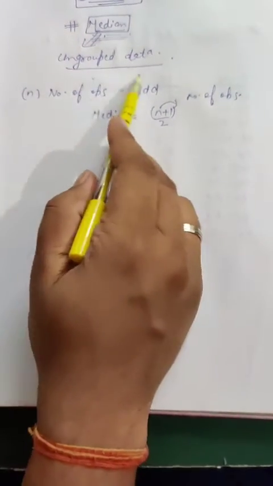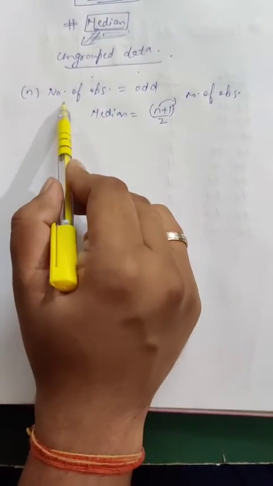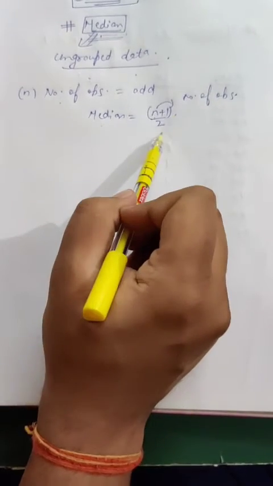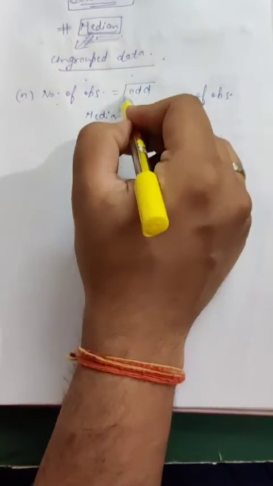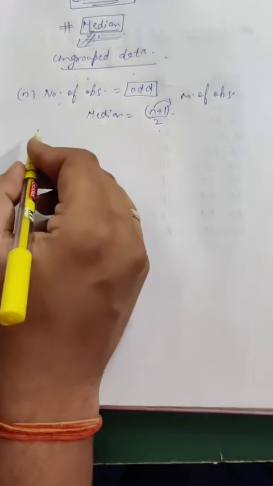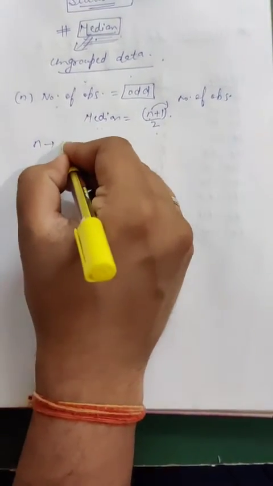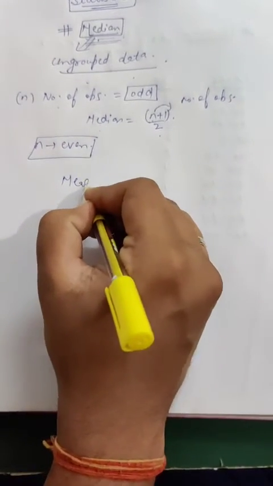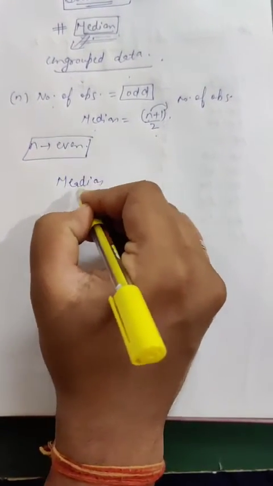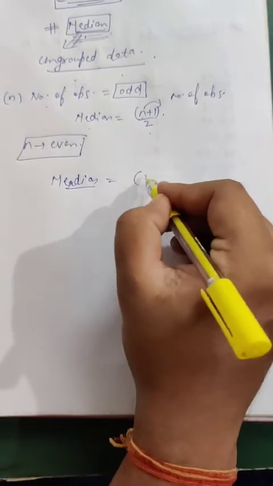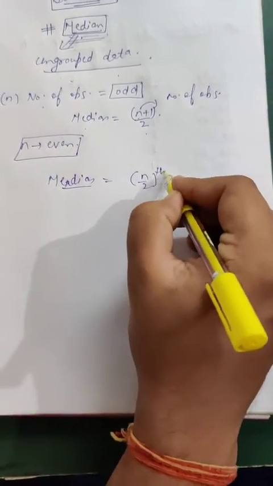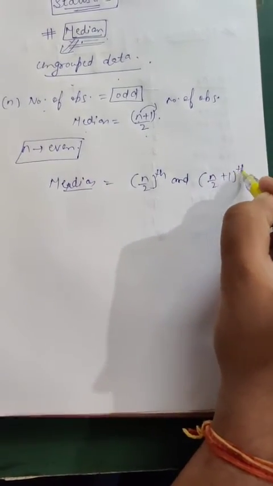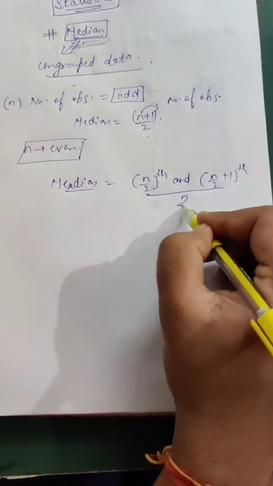So in ungrouped data, when the observations are given in individual form, then the median is the (n plus 1) divided by 2 th term when the number of observations is odd. Similarly, when the number of observations is even, the median is given by the average of the n by 2 th term and the n by 2 plus 1 th term, divided by 2.